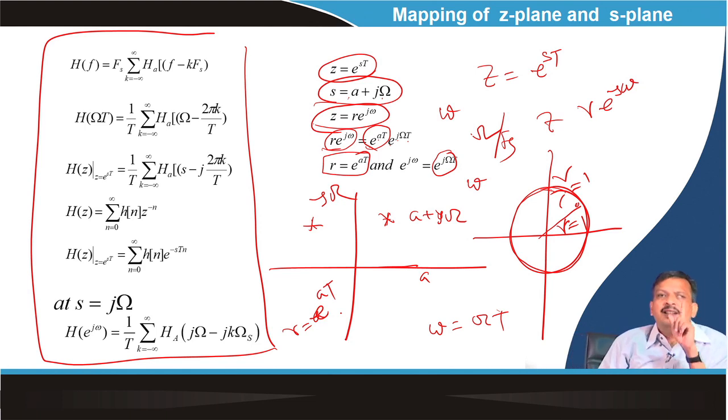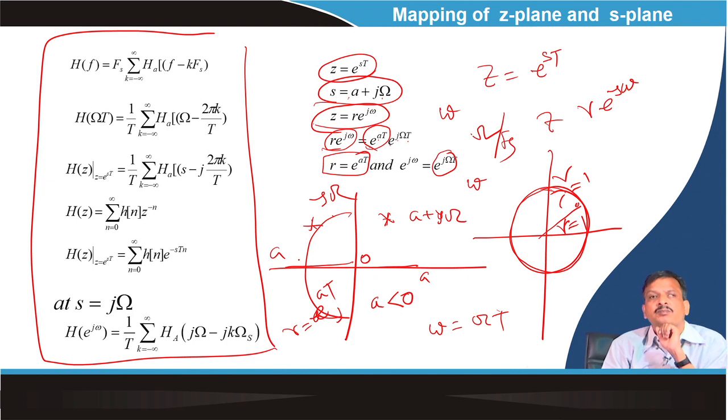Now, why I said when I design the Laplace domain filter, all poles must be in the left hand side. What is the meaning? Meaning is that the value of A is less than 0, because this is the 0 point. So, A is negative.